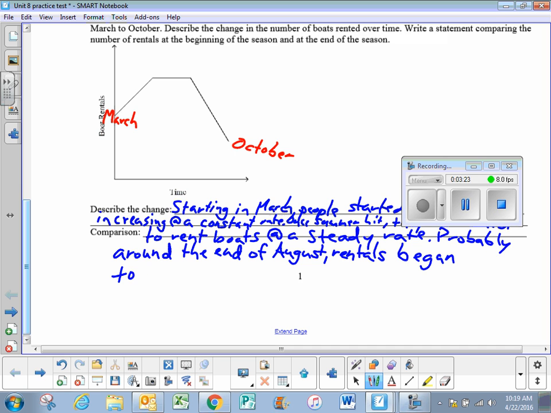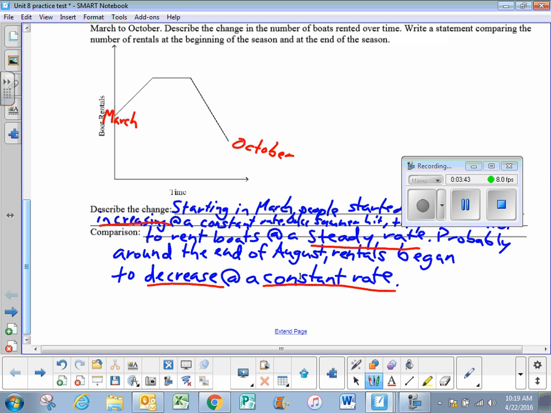Began to decrease at a constant rate. Okay, that's pretty good right there. That's real descriptive, using nice terms like steady rate, constant rate, increasing, decreasing. Those are the kind of words. Those are comparative words. Well, increase and decrease.